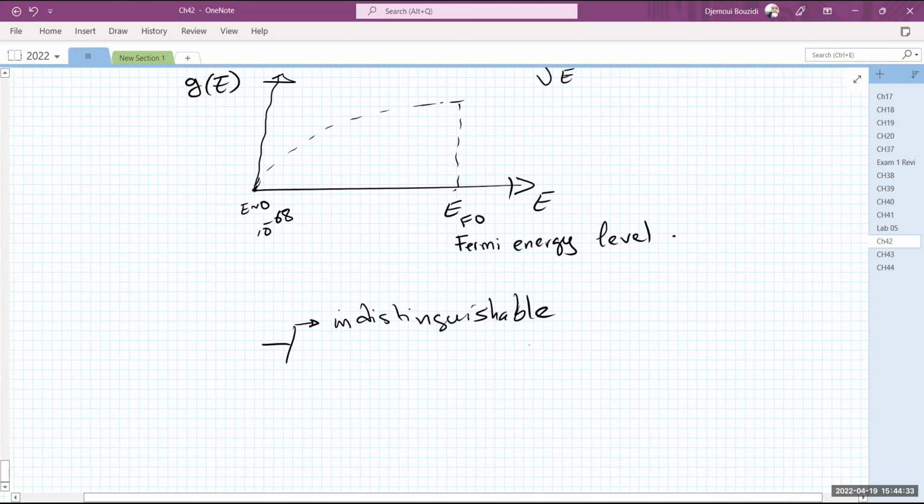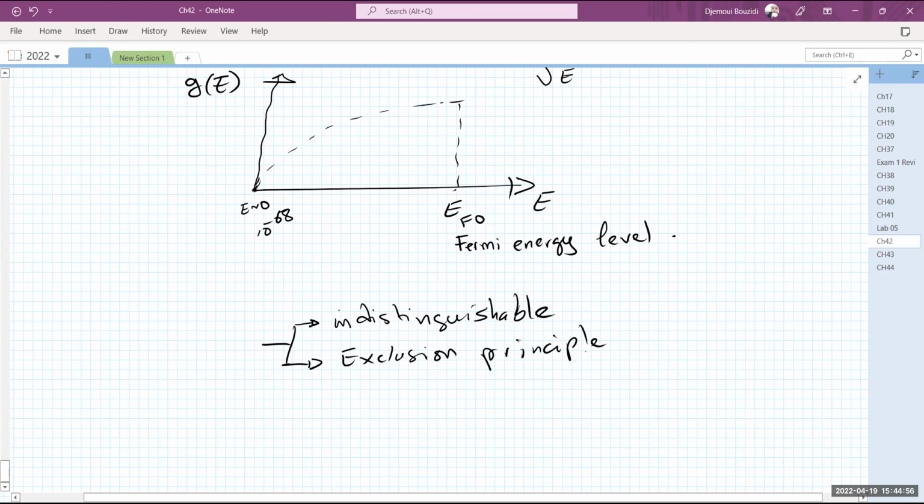That's one property. The other requirement is two of them cannot occupy the same quantum energy levels. Namely, for the same nx, the same ny, the same nz, and the same spin, you cannot. You have to have at the end the exclusion principle that requires that no two of them can be in the same state.